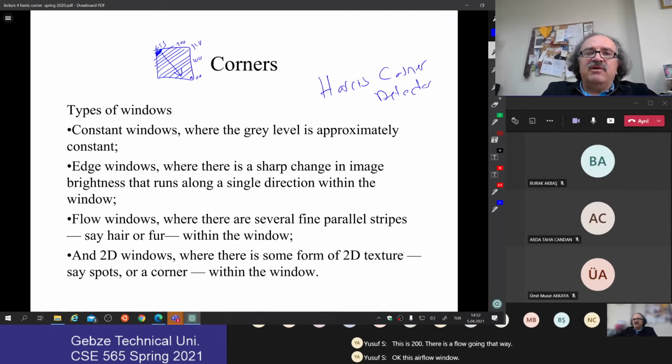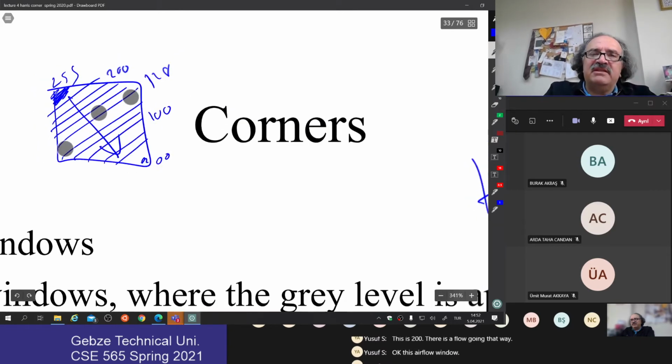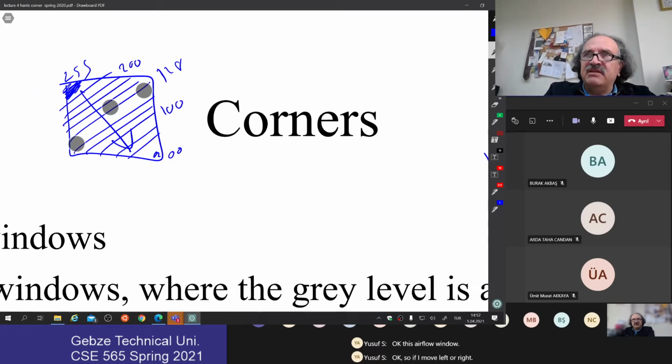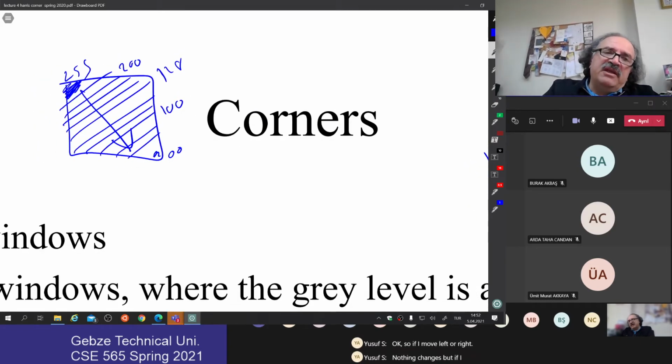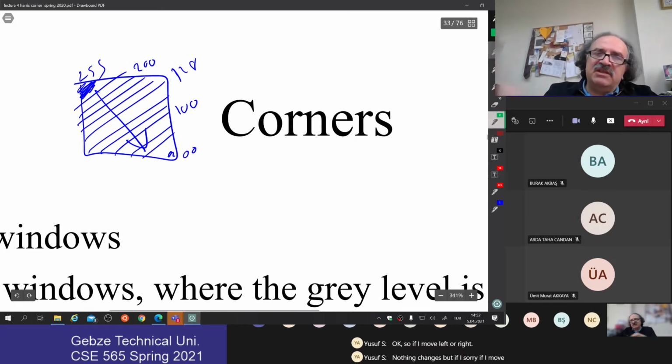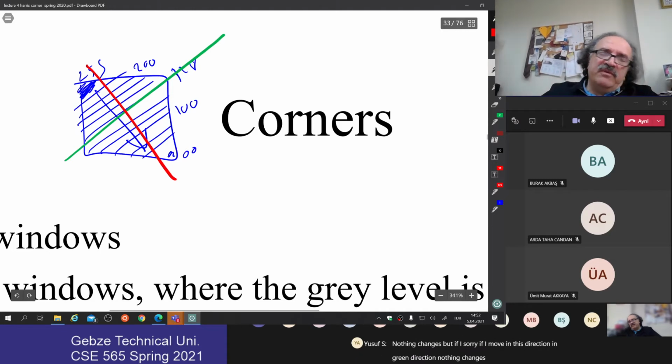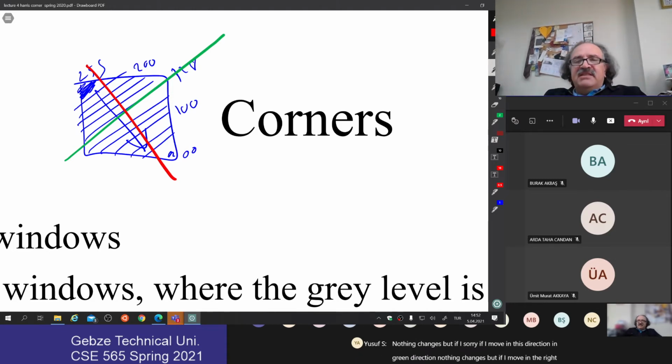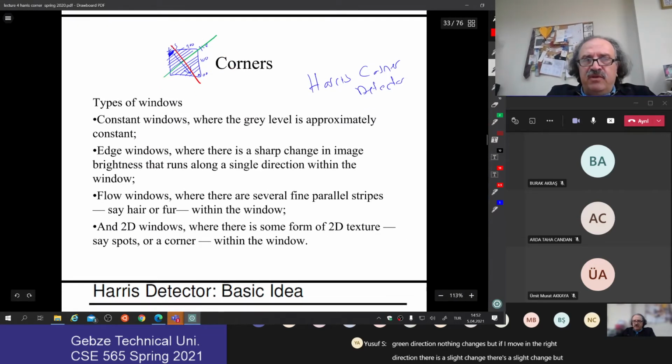If I move left or right, nothing changes. If I move in the green direction, nothing changes. But if I move in the red direction, there is a slight change. So this is called a flow window.